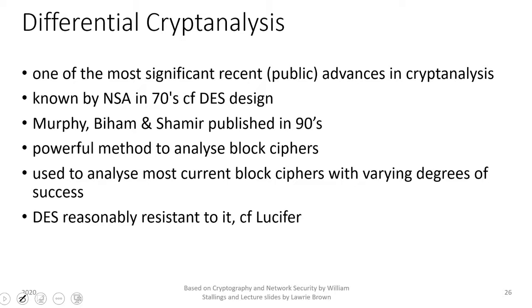It was fairly well known, but in the earlier days, the available computing resources were not suitable enough to perform these cryptanalytic attacks successfully, whereas they are more successfully used against most block ciphers these days because of the powerful methods that are available.